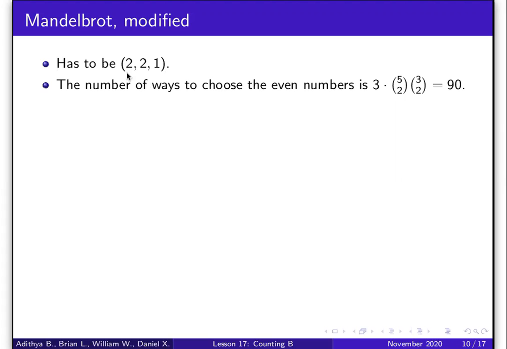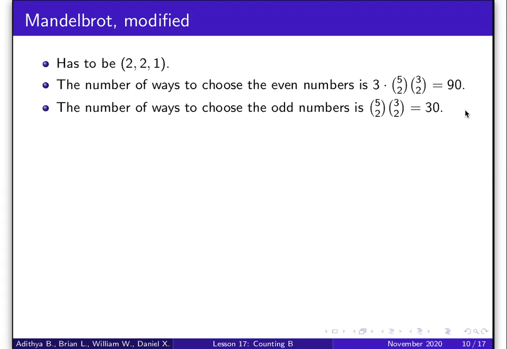Since we have 5 even numbers, we would choose 2 for this first set, and then we have 3 remaining, and we would choose 2 for the second one. So that gives a product of 90. And similarly, to choose the odd numbers, we would get 5 choose 2 times 3 choose 2, and that would give 30. So the total number of ways in this case is 90 times 30, or 2,700.